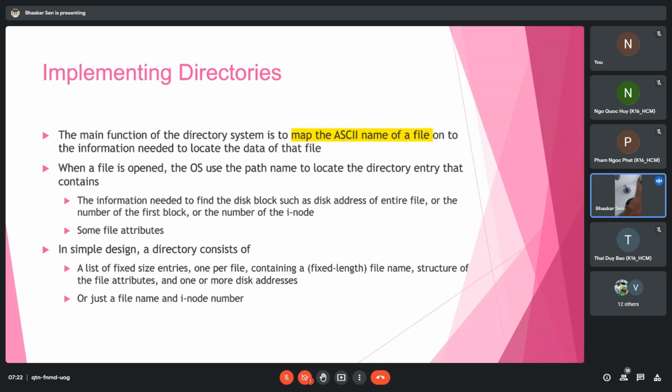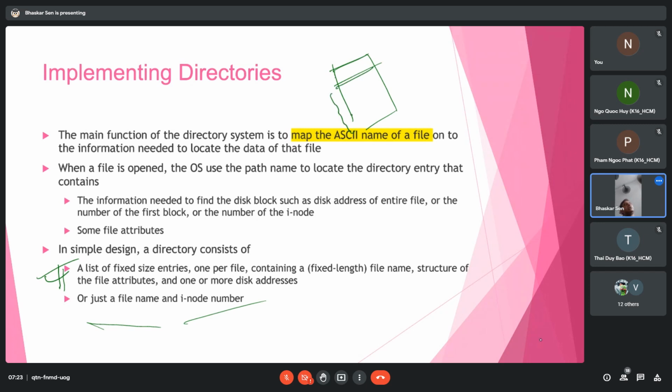When it comes to implementing directories, all you need to know, you can actually choose some attributes. That's in a simple design. It's a list file. For each item in the list, you keep some important information about the file, or just the file name and the inode number. Because the inode number will lead you to the root of the inode structure, and the base of the inode structure contains two parts.